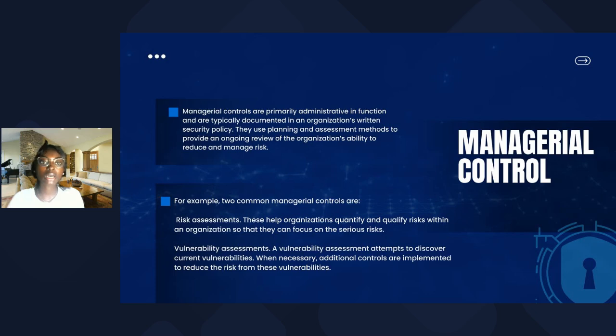These are security controls that are covered under managerial control. And don't forget that two common examples of managerial control are the risk assessment and the vulnerability assessment.